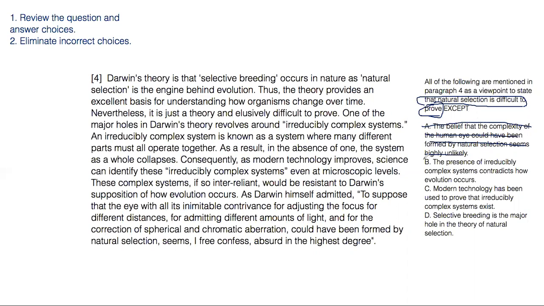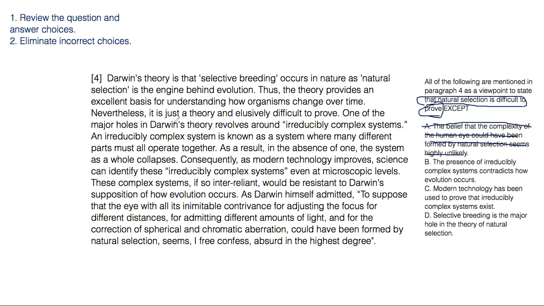Answer choice B, the presence of complex systems contradicts how evolution occurs. Let's see if we can find that in our passage. And we have that here. One of the major holes in Darwin's theory revolves around irreducibly complex systems.